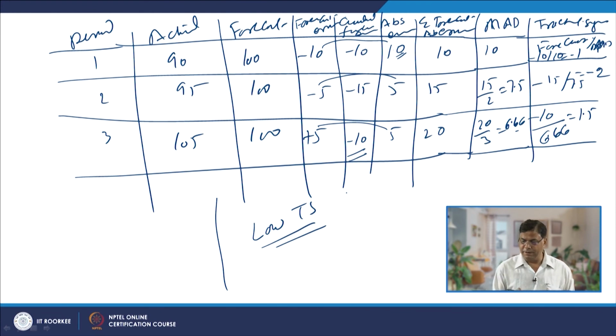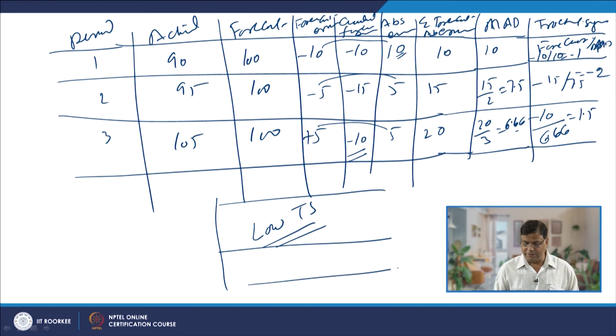While if there is a consistent increase or decrease, or it is showing a particular pattern, then it shows a problem. This tracking signal is plotted, and we try to see how much variation there is in the tracking signals. So, basically the tracking signals indicate how good the forecasting is.